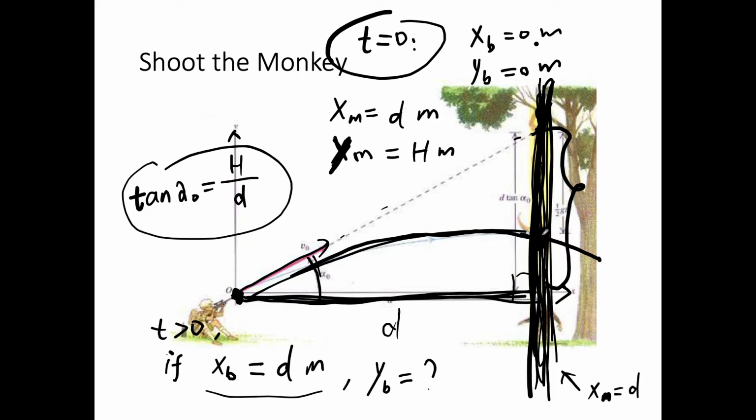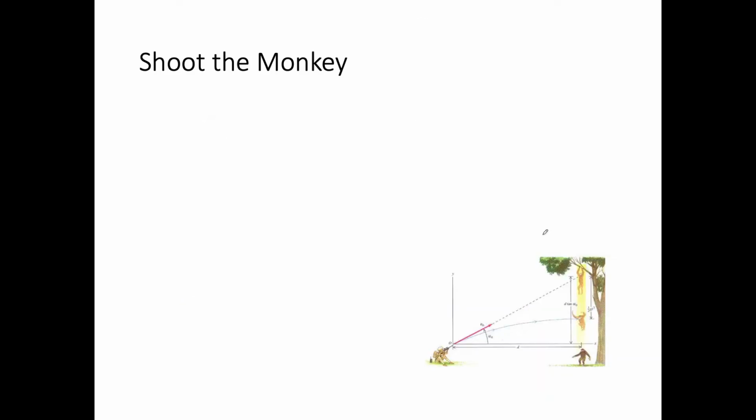That's how we formulated this problem mathematically. And now we can prove that if we directly aim the rifle at the monkey, the bullet always gets the monkey.